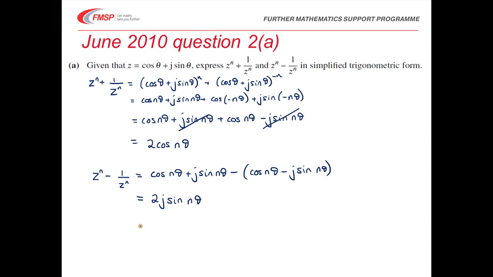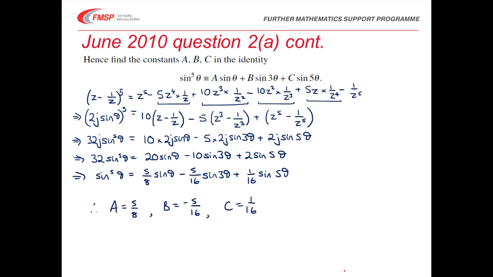For part A, there is simply one mark for both of those expressions. They are standard results that you should be familiar with and able to reproduce very quickly. Finding A, B and C in the identity, there is a method mark for expanding z minus 1 over z to the 5, and then another method mark for putting sine of theta, 3 theta and 5 theta and so on.